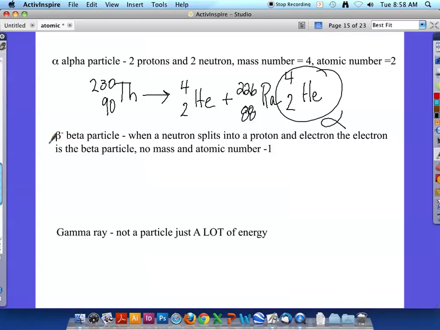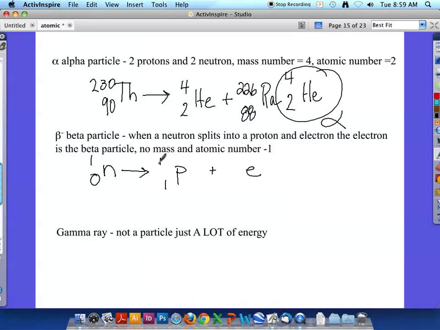A neutron has no atomic number, but it has a mass of 1, and it can split into a proton and an electron. The proton has an atomic number of 1 and a mass of 1.